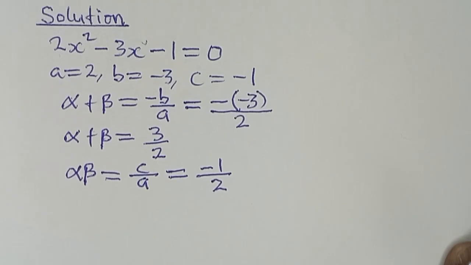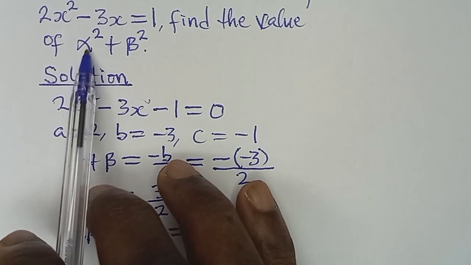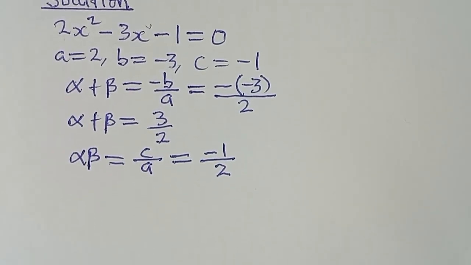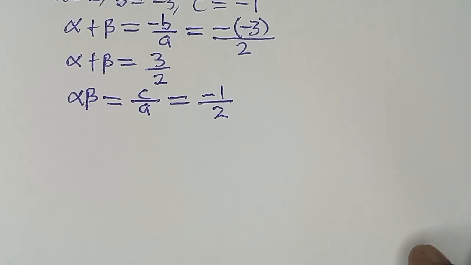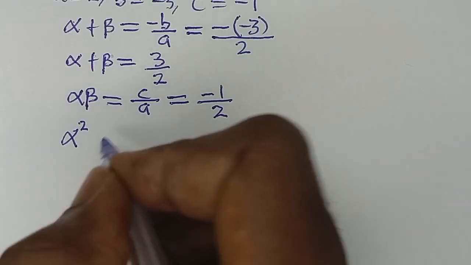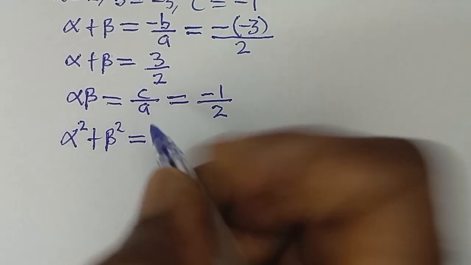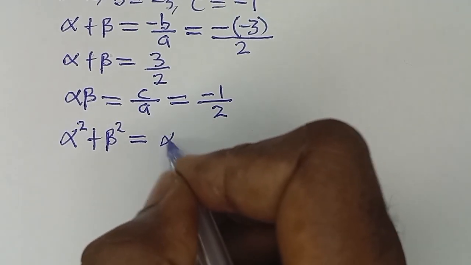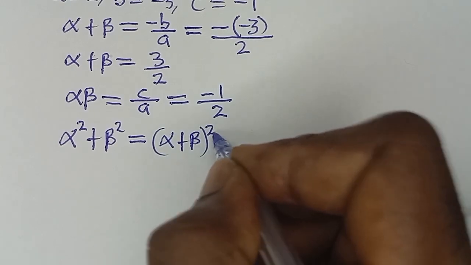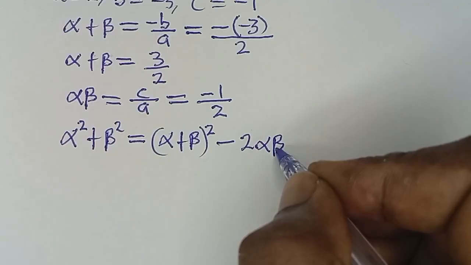Now, don't forget what the question is asking us to find. The question says, find the value of alpha squared plus beta squared. So now we are going to obtain the identity for alpha squared plus beta squared. Anytime you see something like this, alpha squared plus beta squared, the identity for it, which is also equal to this, is alpha plus beta all squared and then minus 2 alpha beta.